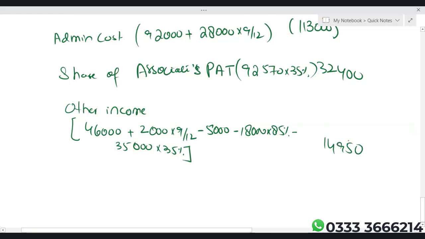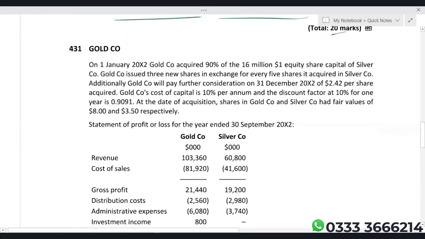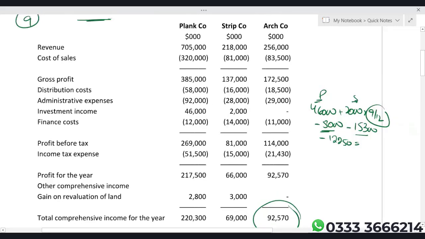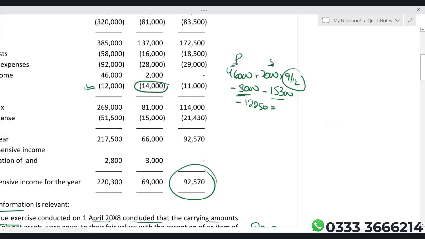Now let's go for the finance cost. Parent is having finance cost 12,000, but subsidiary is having finance cost 14,000. Now try to understand. Let me show you working two here.